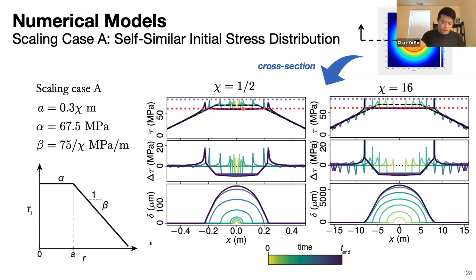And even though rate and state friction has fracture energy depending on the rupture velocity, if you have a steady propagating rupture, then it's basically very similar to a slip weakening model.